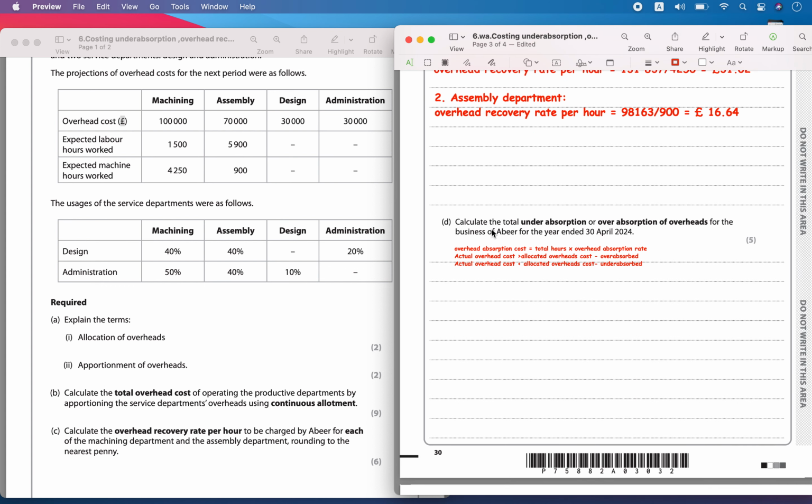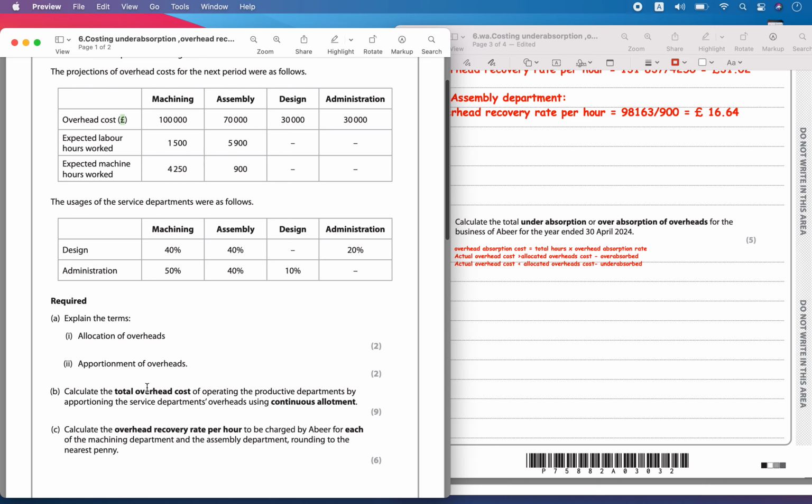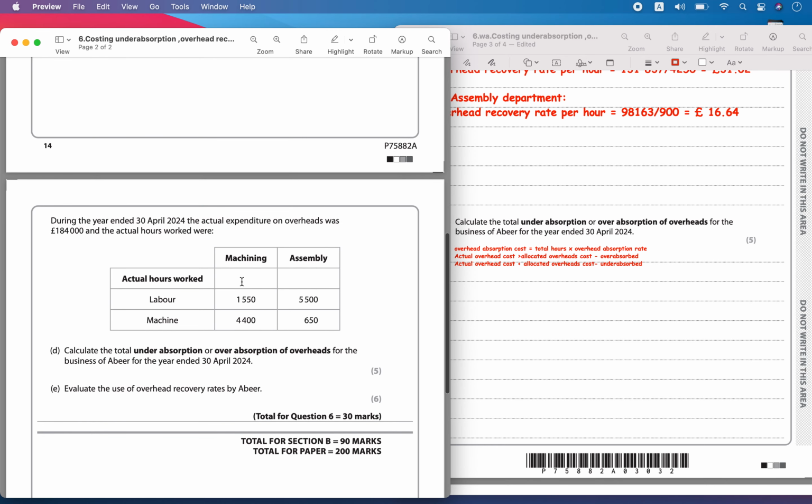Then the next question is, calculate the total under absorption or over absorption of overheads for the business of Abeer for the year ended 30th April 2024. Now you will calculate the total recovery rate, and the actual hours have been given. The actual hours have been 4,440 and 650.